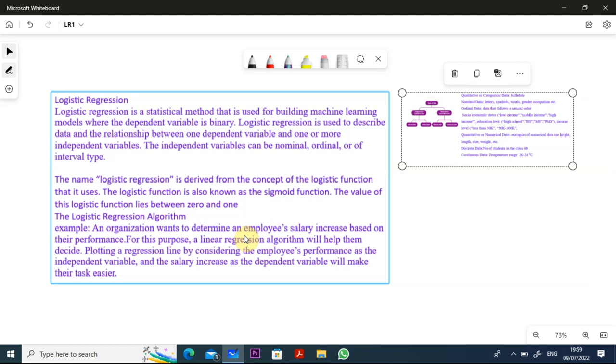Suppose in an organization we want to determine the salary of an employee, how to increase the salary of all the employees based on their performance. For this, we can use a linear regression algorithm.